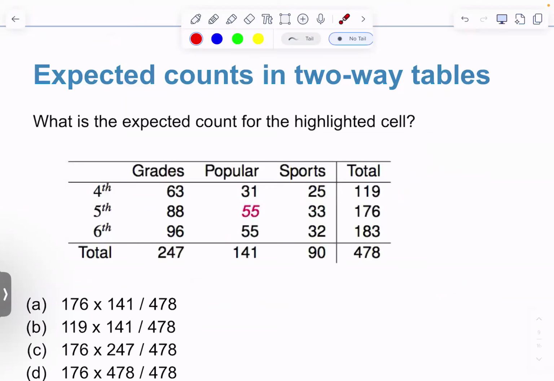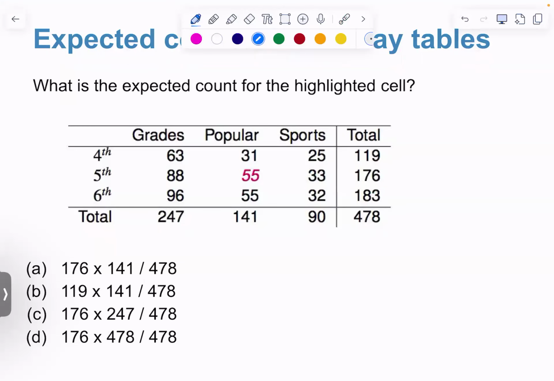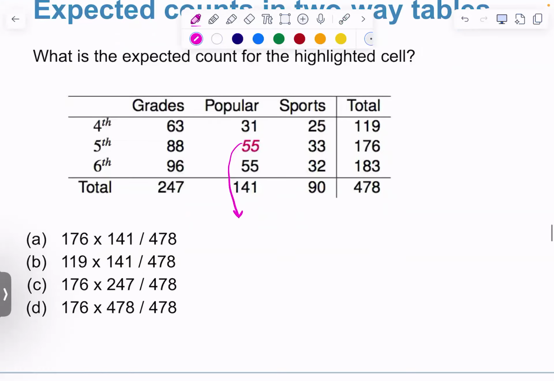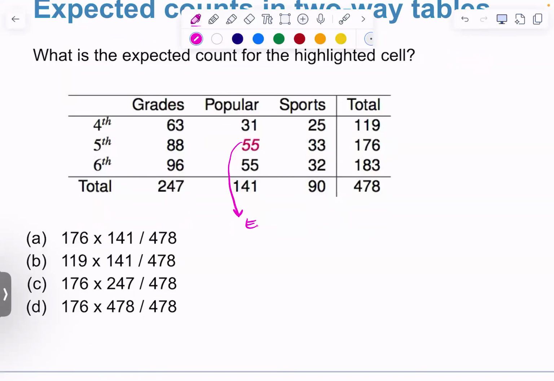What's the expected count for this middle cell? I would expect E22, row 2, column 2, is 119 times 141 divided by 478. Thank you.